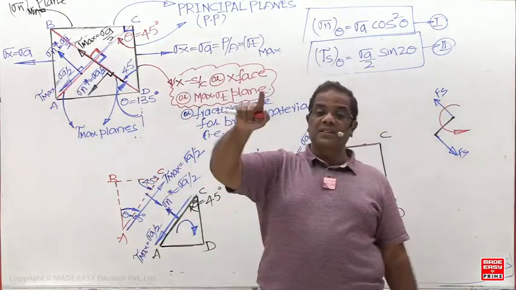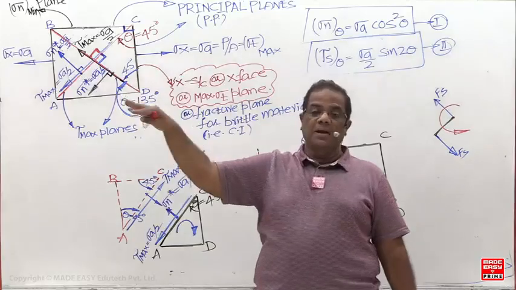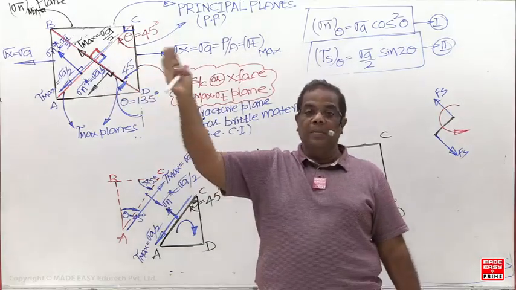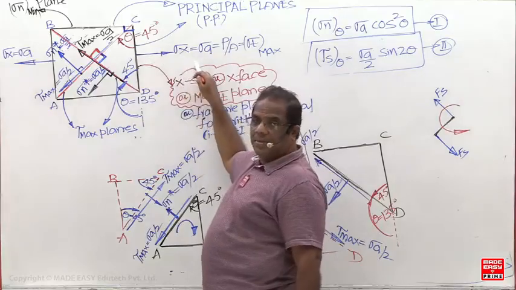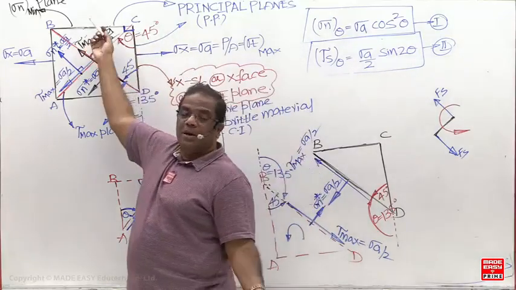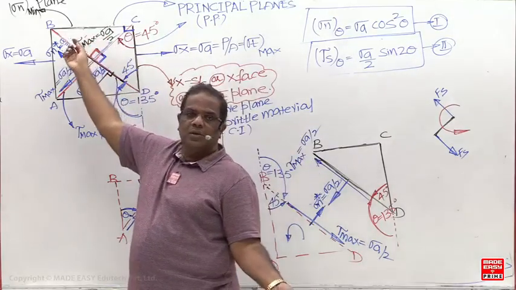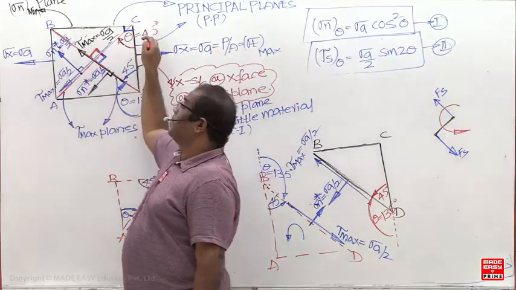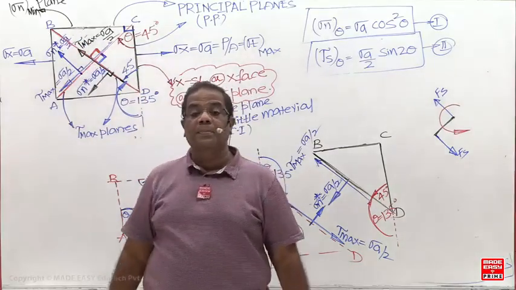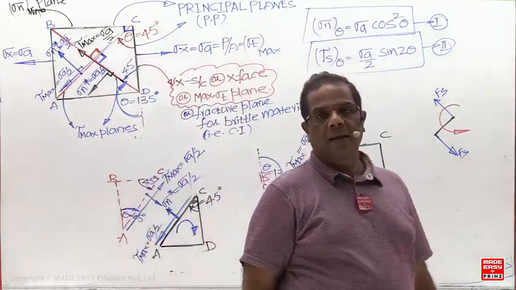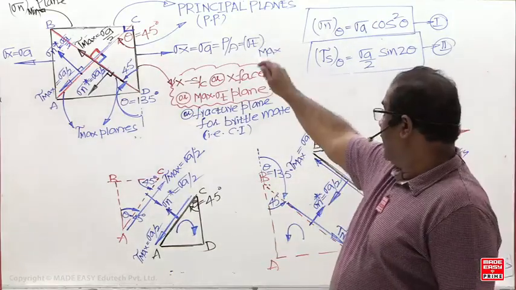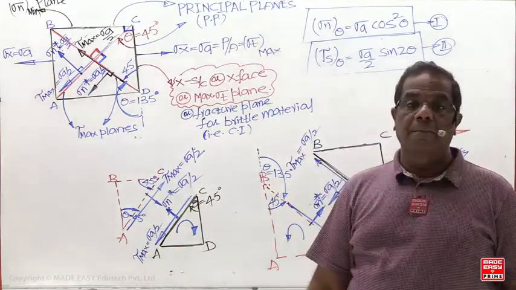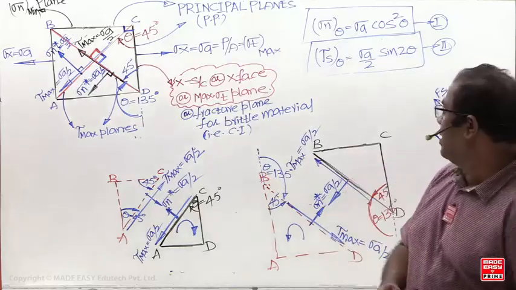So always on a principal plane, shear stress is 0. But normal stress may be maximum or may be minimum. On this plane, normal stress is maximum, but on this plane it is minimum, 0. So the BC plane is called the minor principal plane, sigma 2 plane. And the CD plane is called the major principal plane, sigma 1 plane.